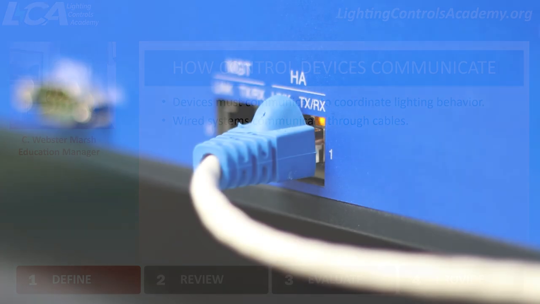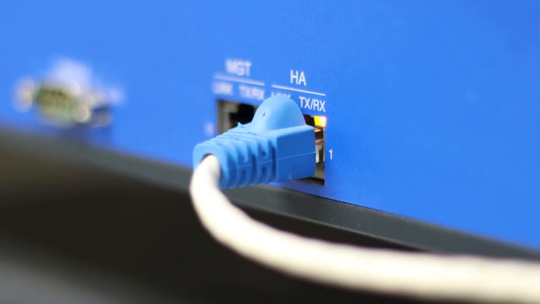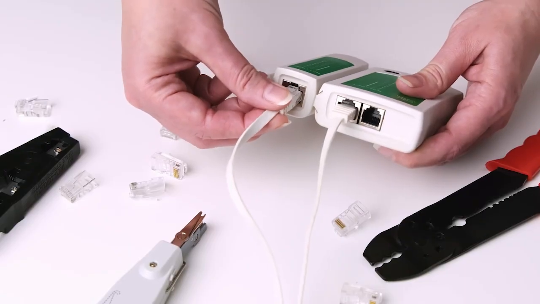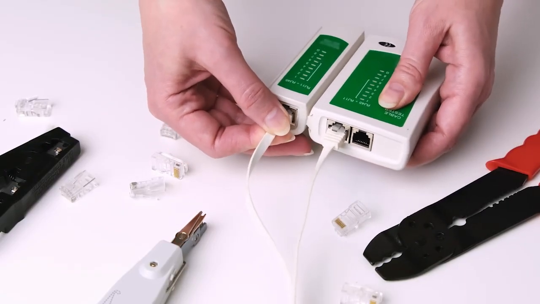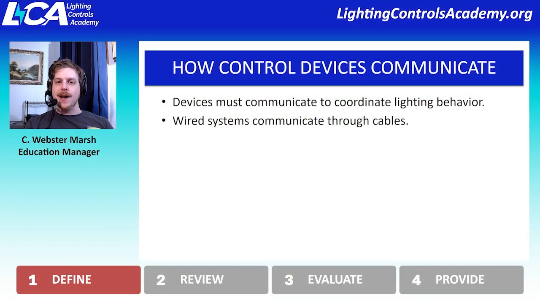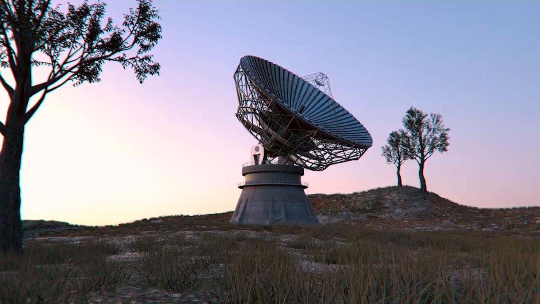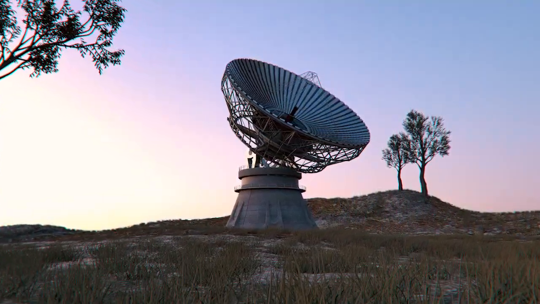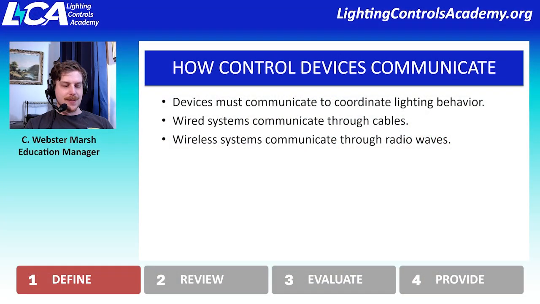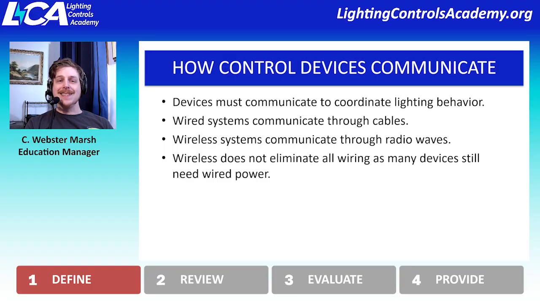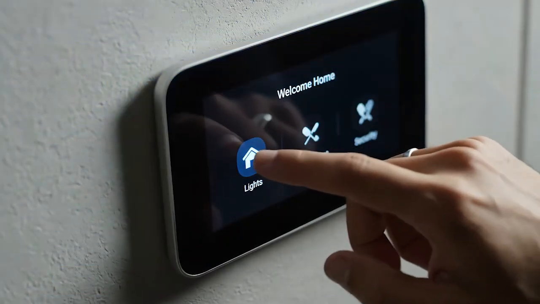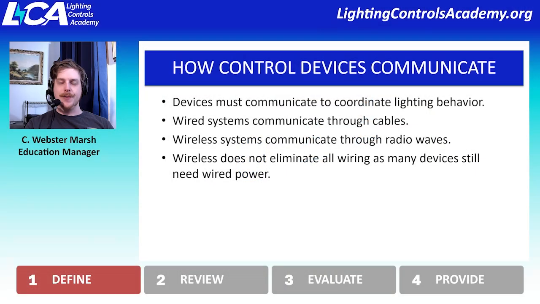Wired systems use a communication cable, so either it's 0 to 10 volt, DALI on a DALI bus, or DMX through RS-485 cable. Whereas wireless systems communicate through radio waves through the air without any need for a hardwired connection to the devices. Wireless doesn't eliminate all of the wiring in a system because we still need power, and in most cases wireless devices are still going to be using wired power sources.